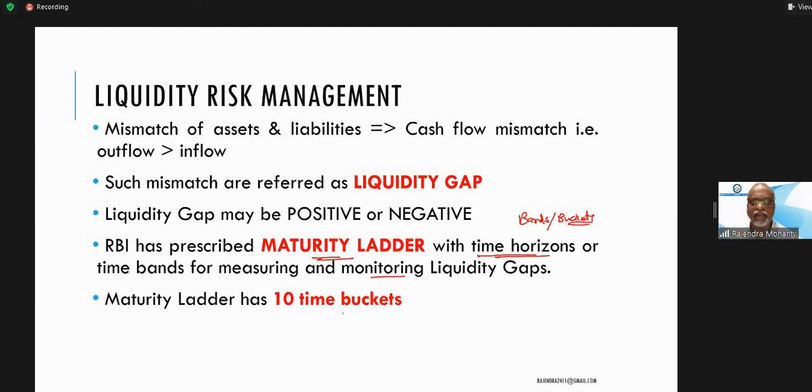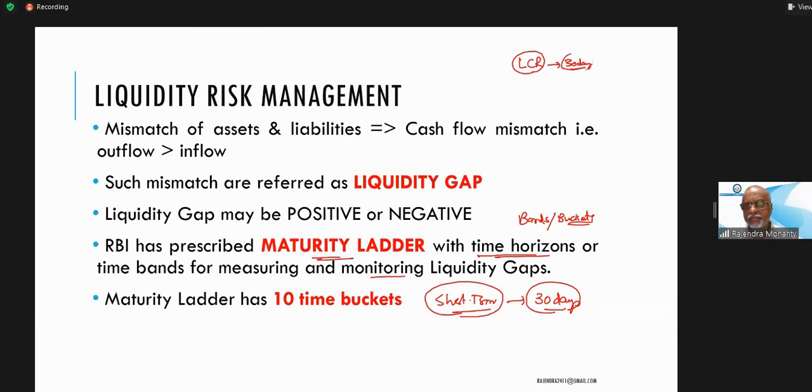RBI has prescribed 10 time buckets, and RBI is more concerned about the shortest-term liquidity. That means RBI says that up to a 30-day period, you should manage liquidity properly. As I have already told you in risk management, the liquidity coverage ratio is also meant for 30 days.